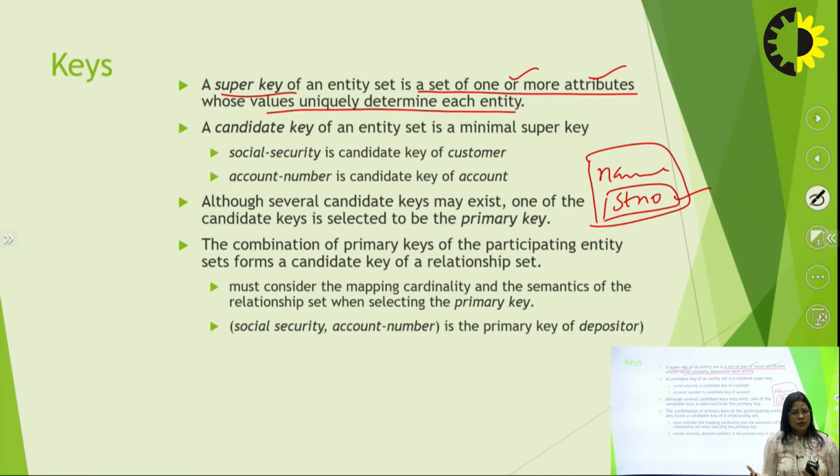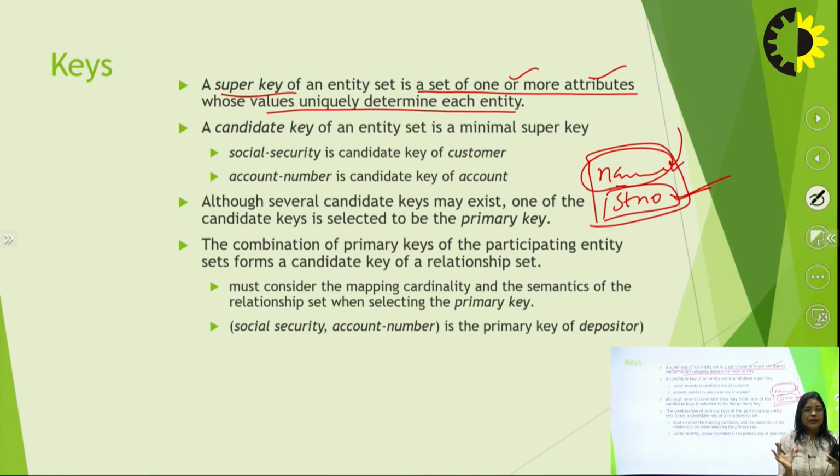Though the student number is sufficient to uniquely identify a particular student entity, even when we add name to it, it is still able to uniquely identify that student. So the name is an extraneous attribute here, right?